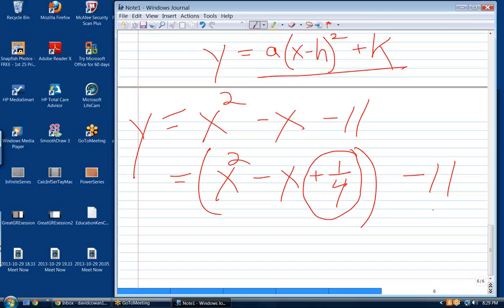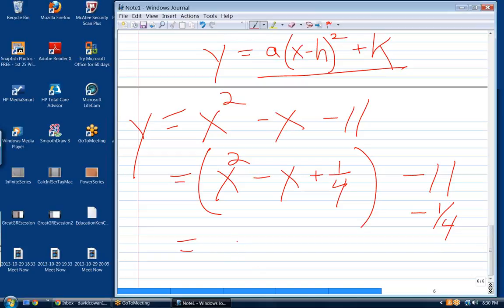So what do I have to do to the same side of the equation to balance? Subtract a quarter? Minus a quarter, exactly. In other words, I didn't do anything. I didn't change anything. I added a quarter and I subtracted a quarter. The difference is now it's much easier.